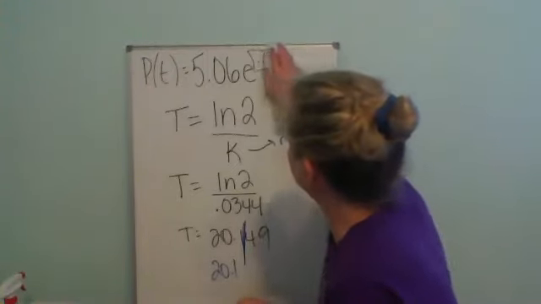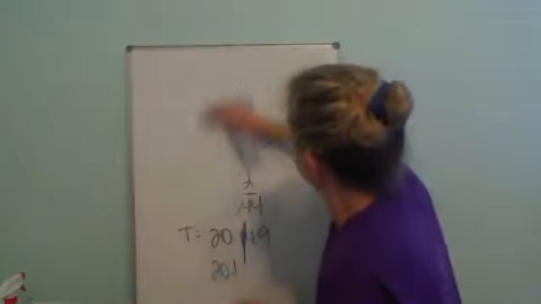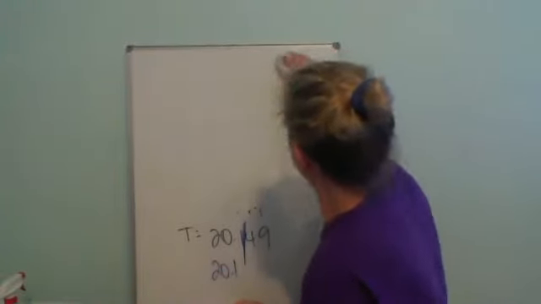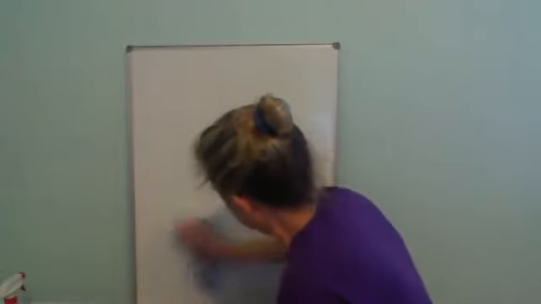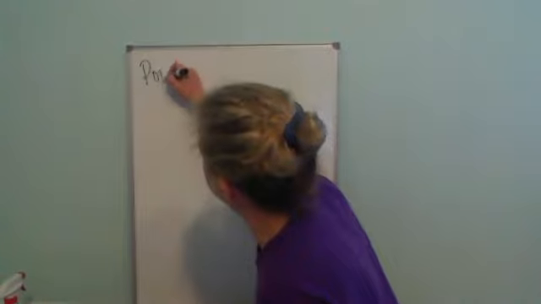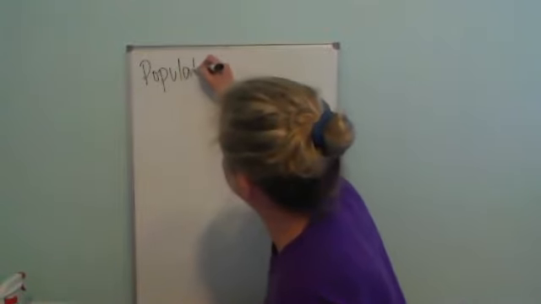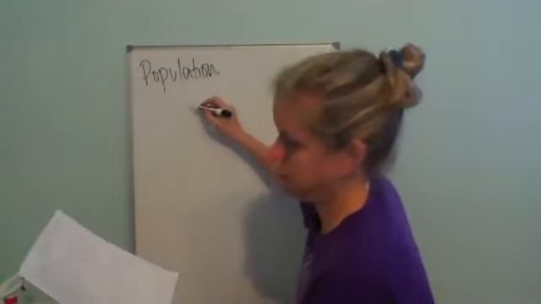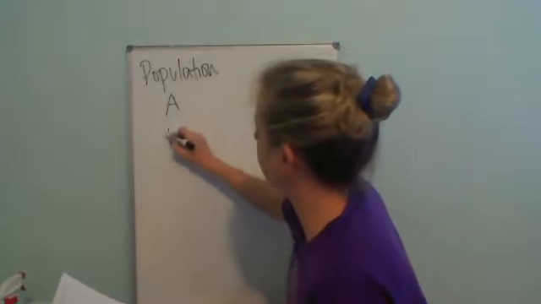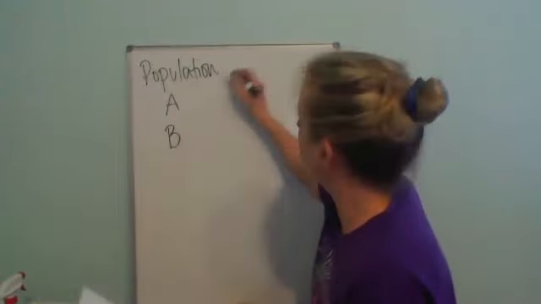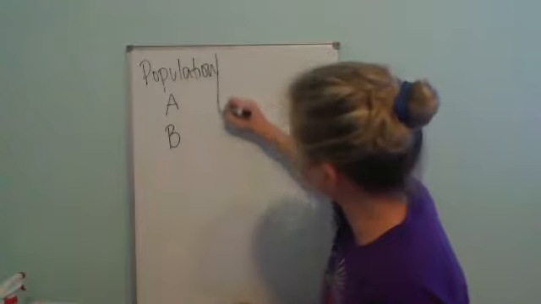Okay, number 2. Gives you a chart, and it says the population, country A, country B, and then let's see.